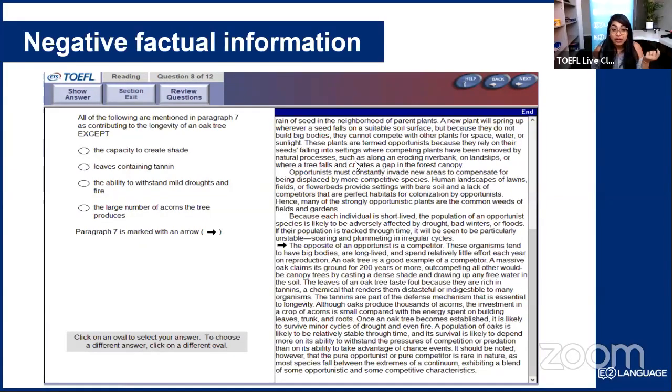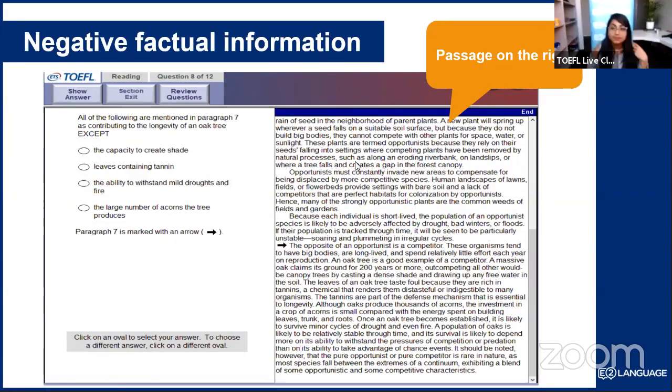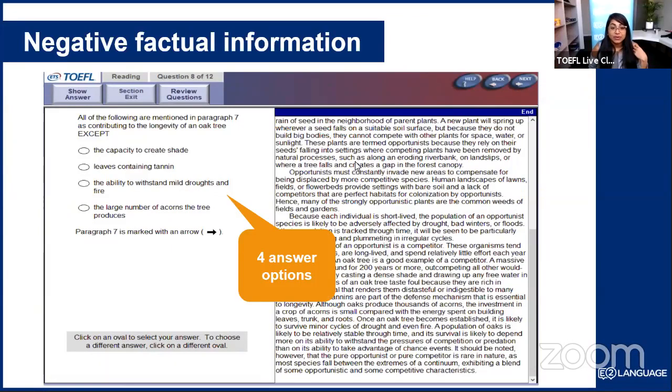A negative factual information question: you've got the passage on the right, question and answer on the left. The question will usually have words like EXCEPT or NOT, and they'll always be in capitals. So they'll be like did everything but not, and both of these words will be in all caps. All right, and we have 4 answer options as always.